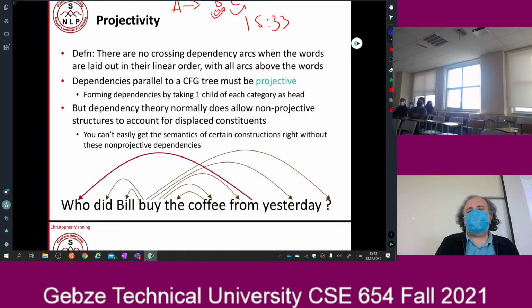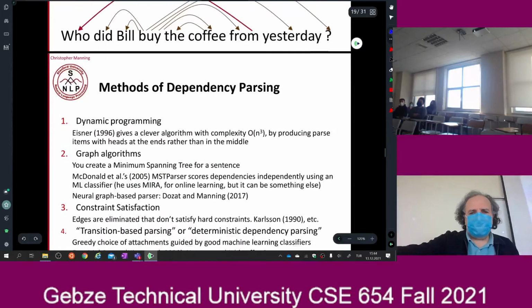I am going to talk about projectivity in a few minutes, but I will not give you any solid solution for this problem, because the parser for the dependency grammars is not going to be that sophisticated. Theory normally does allow non-projective structures to account for the displaced constituents, etc.